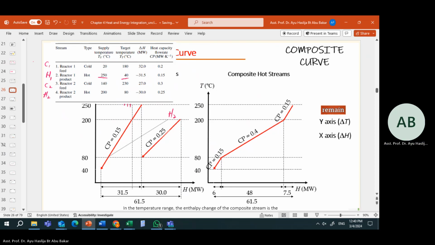So delta H would be 31.5. How to plot this? The temperature is the y-axis. What is the coordinate for T supply? T supply is on the y-axis at 250. What is the x-axis?